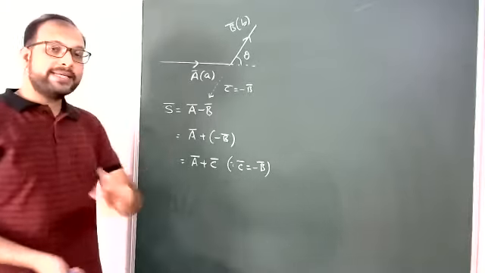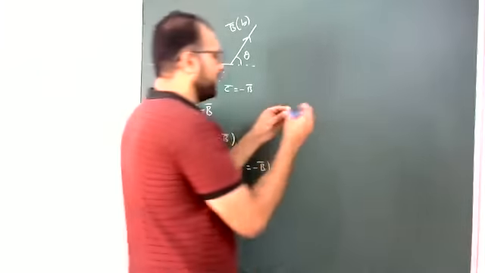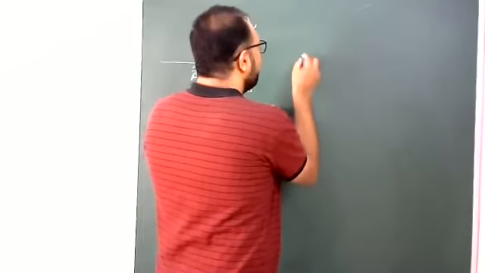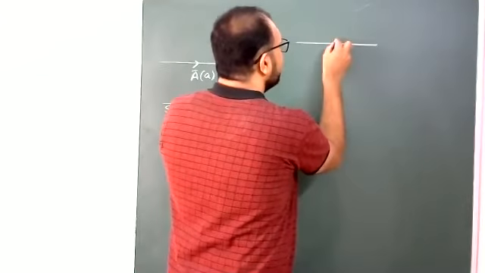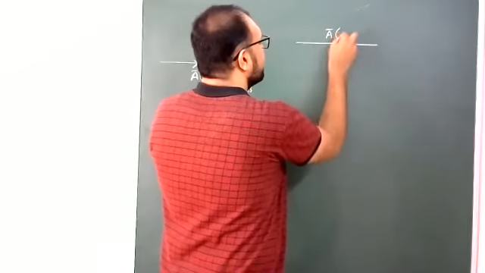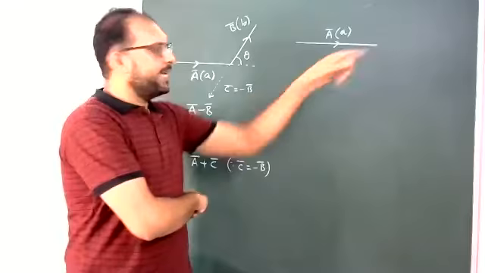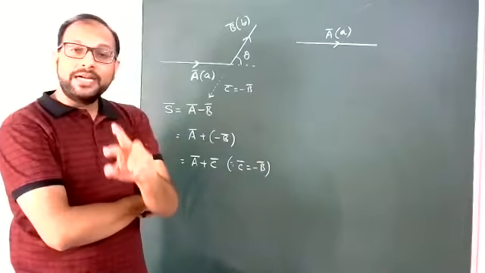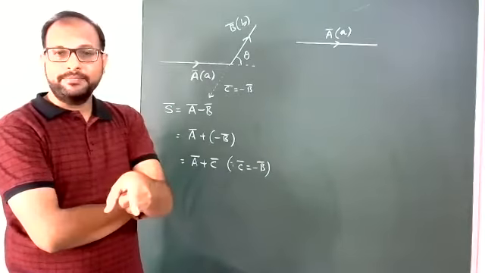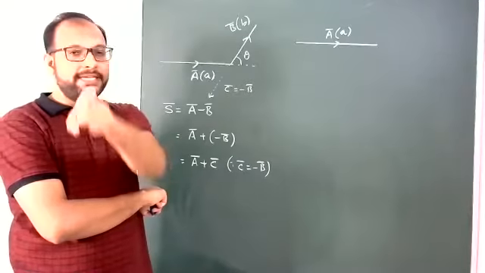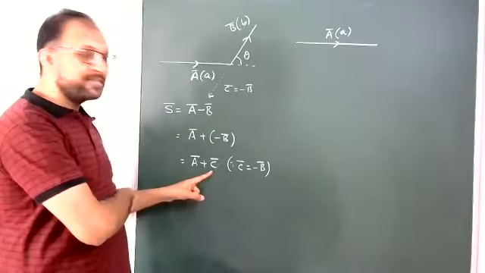Now, how to add two vectors, we know. First vector, A bar, magnitude A, from starting point to ending point. The second vector should start from the terminal point of the first vector. But what is the second vector here? C bar.